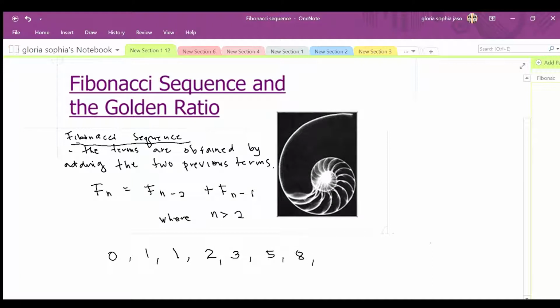Then 5 plus 8, the next term is 13. Then 8 plus 13, the next term is 21. Then 13 plus 21, the next term is 34. Then 34 plus 21, the next term is 55.